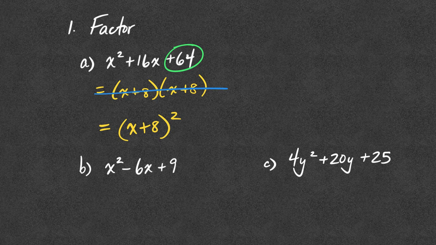What I also want to highlight for you is a little bit of a pattern. What you'll notice when we expand our perfect square binomials is that the middle term is double the constant inside our binomial. Well, maybe we can tie together the factoring part of that.